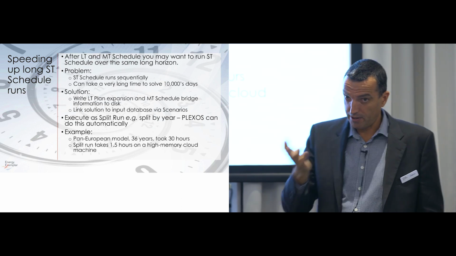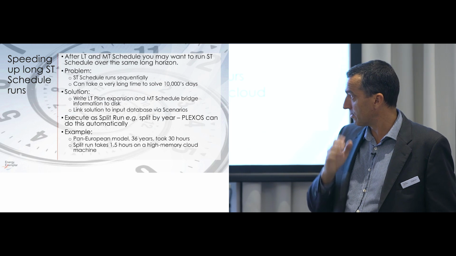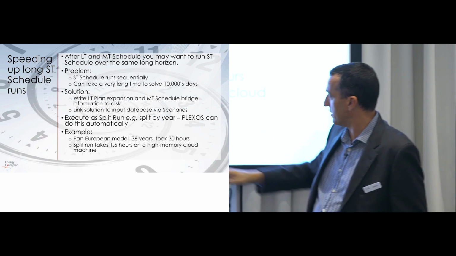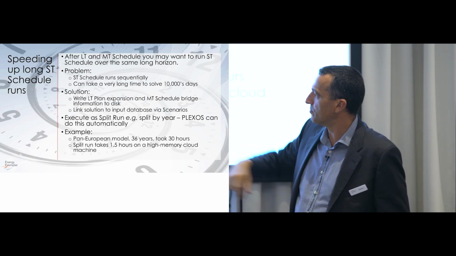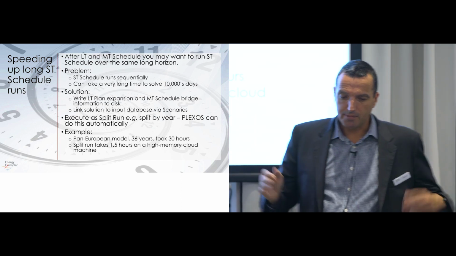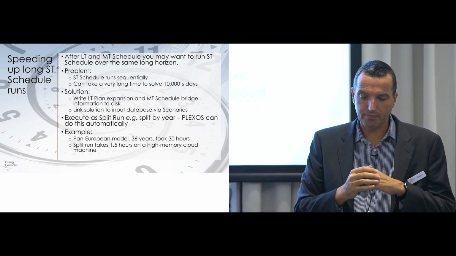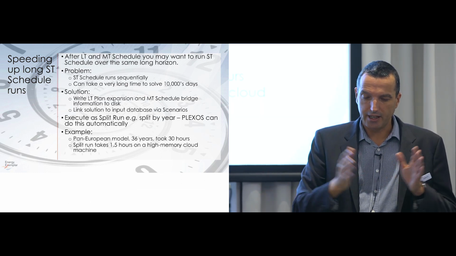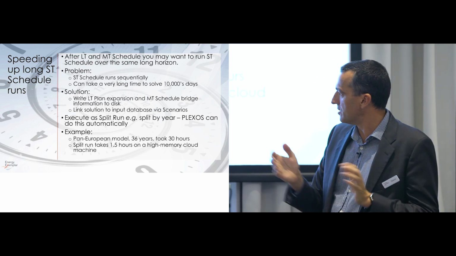So I don't know if you're familiar with this, but there's the ability in ST to split the run by year. And the split run on this case, running on a high memory cloud machine, took 1.5 hours. So it's basically breaking the years up. Having solved LT, all of the expansion decisions are known, and then it comes down to ST and can run the years independently.